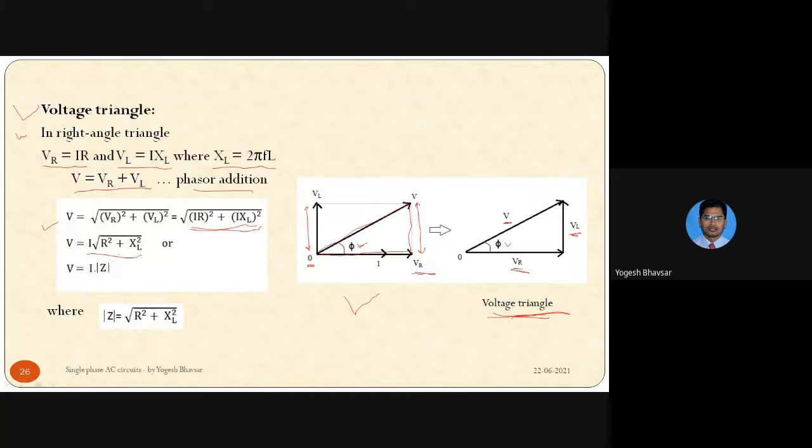And we know that R square plus XL square is the impedance. We also saw this in the previous unit, AC fundamentals. Mod of Z, the magnitude of impedance, is equal to the under root of R square plus XL square, in terms of rectangular or polar. So V is equal to I into Z, where Z is equal to the under root of R square plus XL square.